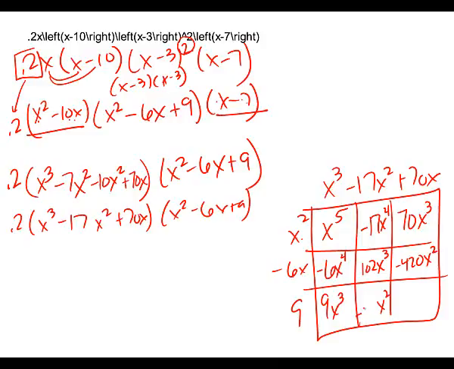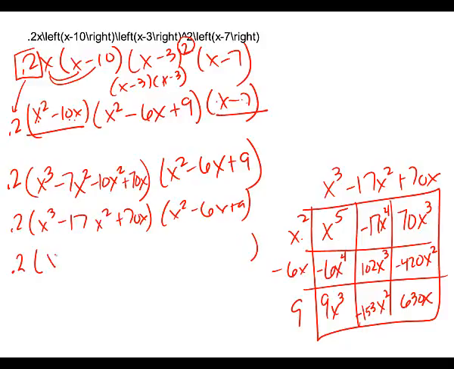Negative 26x squared? 26? I don't think so. 153. 153 sounds better. All right, 9 times 70x. 630. Good.